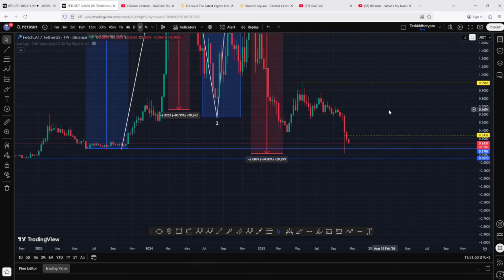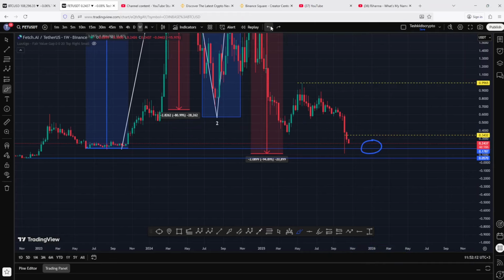And the first key area of support that I'm watching for Fetch AI to continue holding above lies above the 0.1787. That is the first area, which is right here. In case we continue holding above that zone, there's a chance that we can see much of a consolidation and maybe attempt another bounce back to the upside.